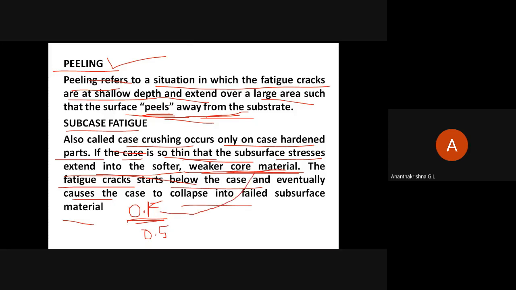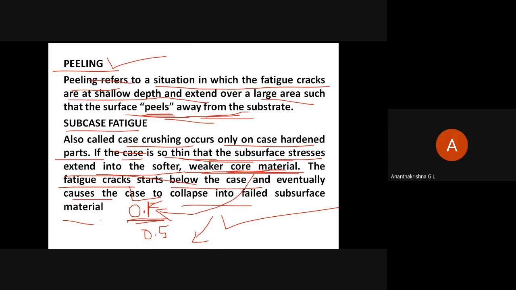Because of that, if there is a slight increase in stress, the stress will propagate through 0.1 mm and below, where the metal is soft, and fatigue cracks will start, eventually leading to failure. Could you get what subcase fatigue is? You understood? Yes, sir. Okay.